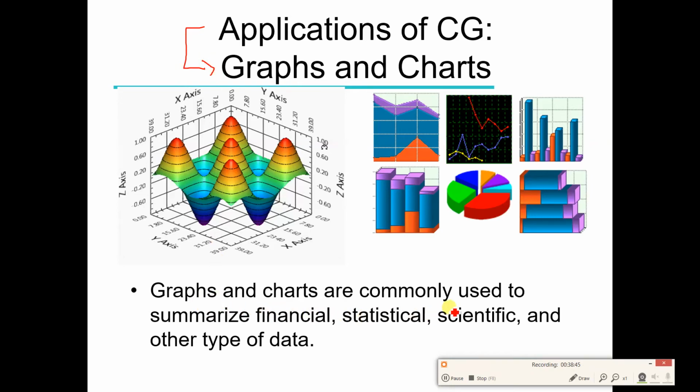Graphs and charts are commonly used to summarize financial, statistical, scientific, and other types of data. By using computer graphics, we can transform the data into graphs and charts, and especially if you want an overall idea or summary, these graphs are quite helpful.